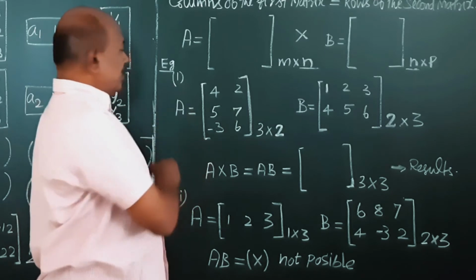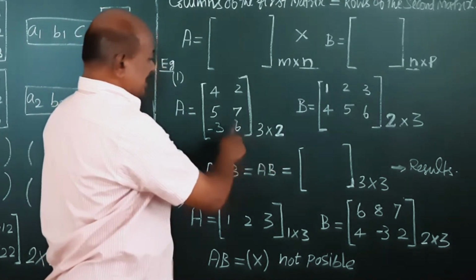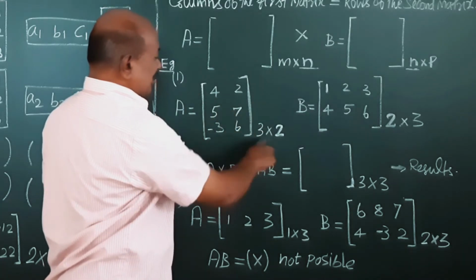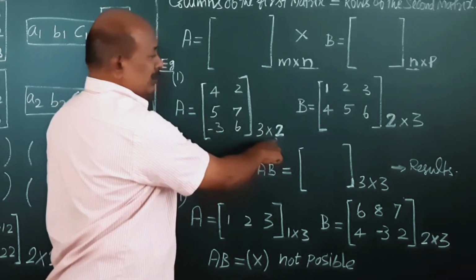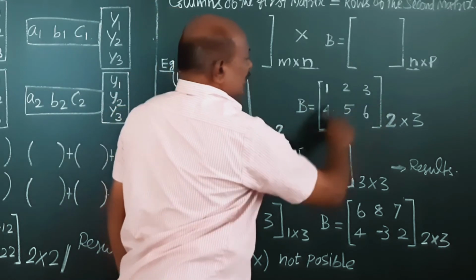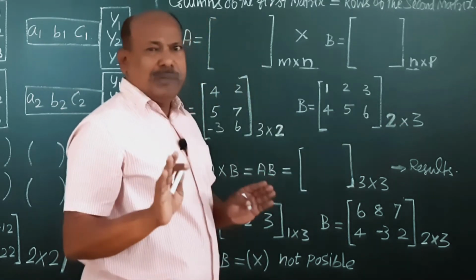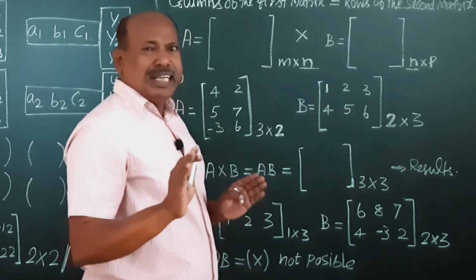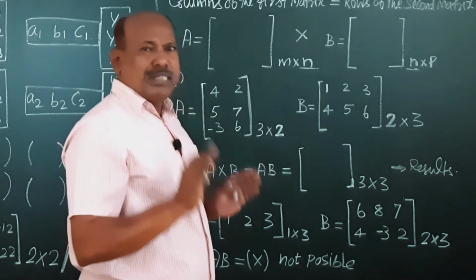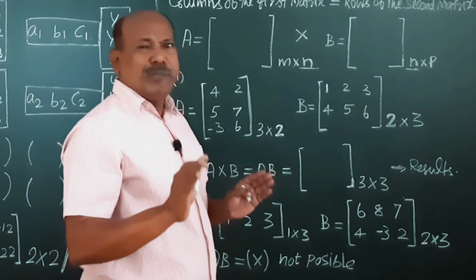In the first example, A is a 3 by 2 matrix, that means 3 rows, 2 columns. B matrix is of 2 rows, 3 columns. For multiplication, the column of the first matrix should equal the row of the second matrix.